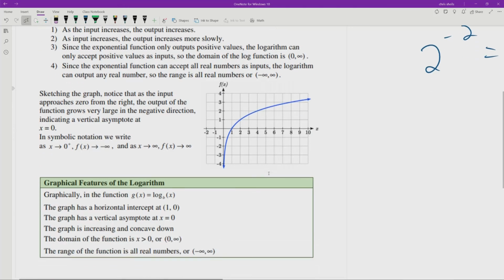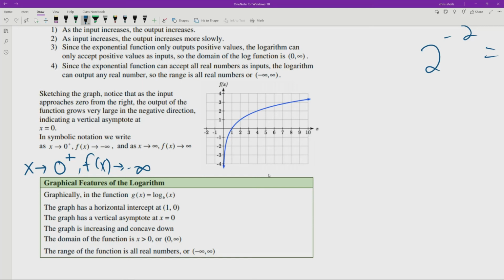In symbolic notation, we write, as x approaches 0 from the right, f of x approaches negative infinity. It may be difficult to see the plus sign here, so to symbolize as x approaches 0 from the right, we put this superscript plus sign. f of x approaches negative infinity. That's what that first part says.